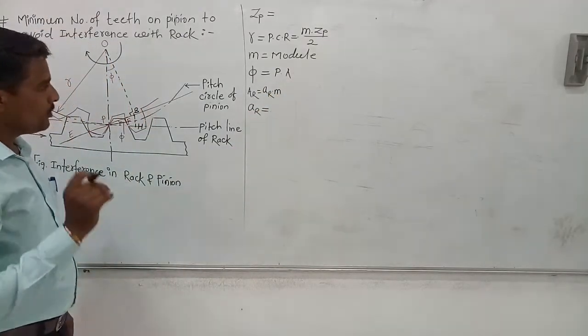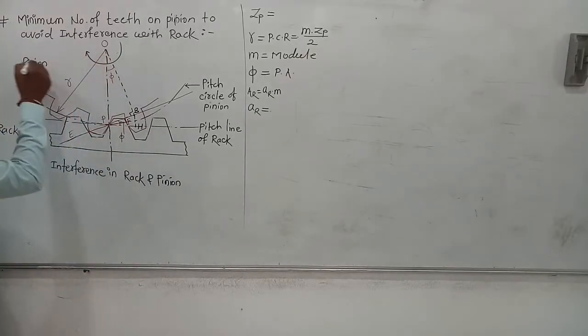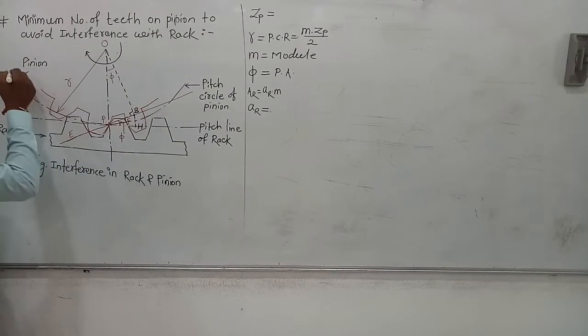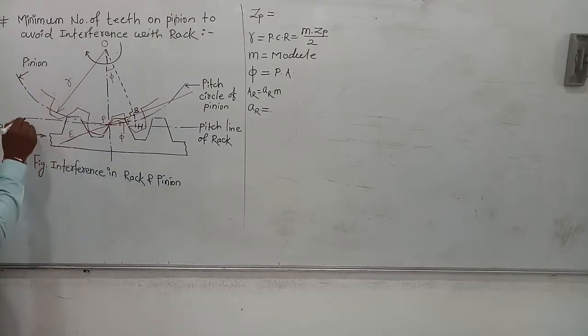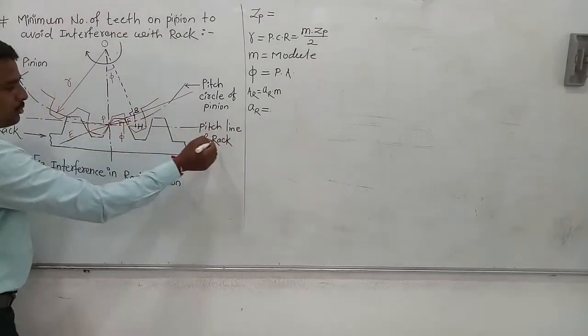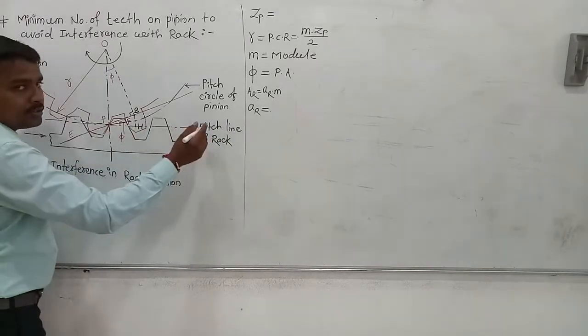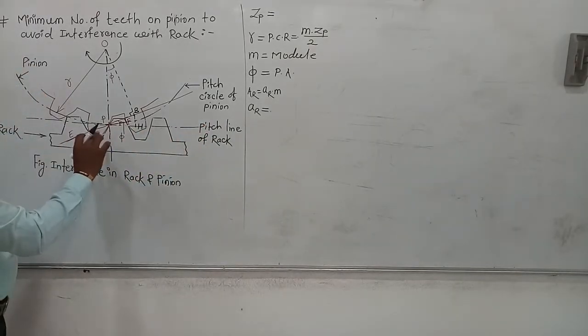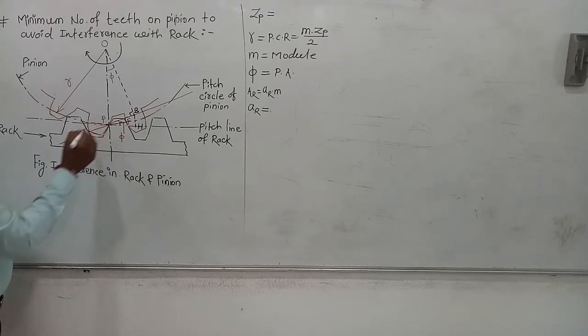Okay, is it clear? Now see here, as it is a pinion, we are considering pitch circle of the pinion like this. As we have already discussed, the pitch line of the rack is a straight line as it has infinite diameter. Now we have drawn here, point P is the point of contact.